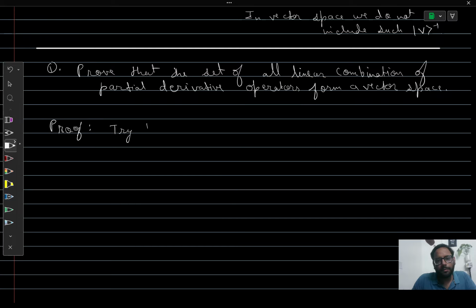Let V be a set, my vector space, of the sum over i from 1 to n. This is my partial derivative.